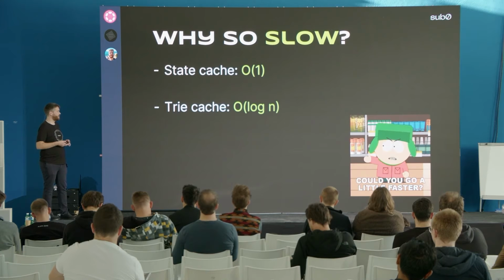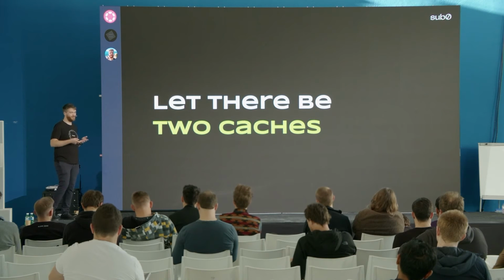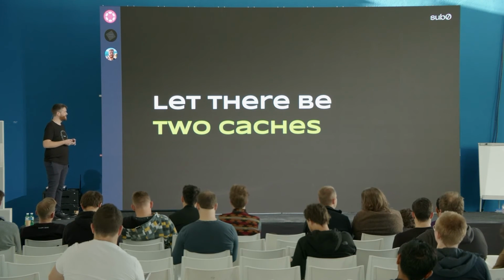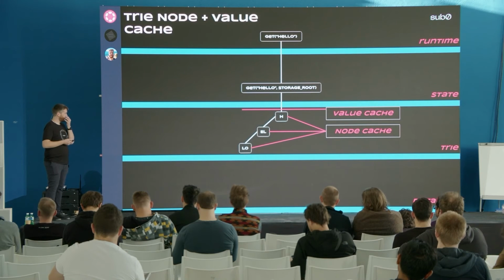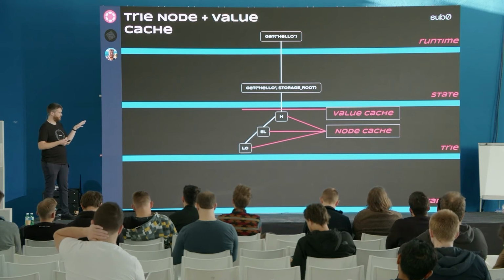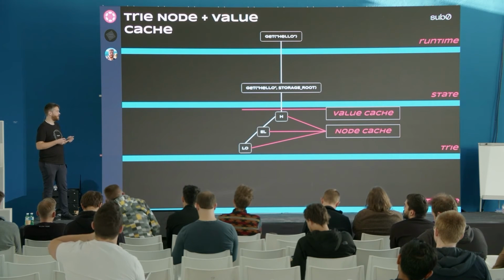So in our third iteration of this implementation, we came up with 2 caches. I mean, when you can have 1 cache, 2 caches are better. So instead of just having our node cache, that I already explained, we also added what we call a value cache.